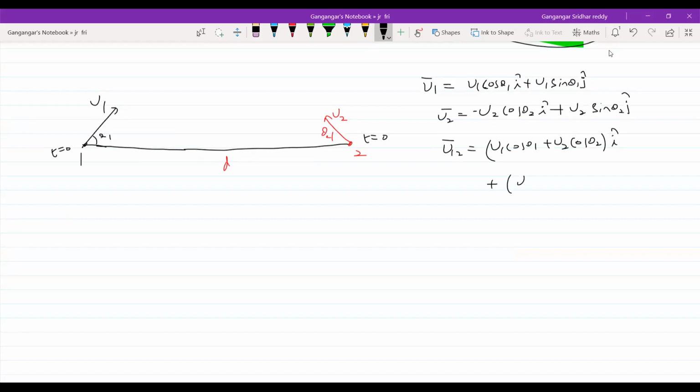And this will be u12 bar, no? So u1 sin theta 1 minus u2 sin theta 2 j cap. So call this u12x, the x component, and y component.